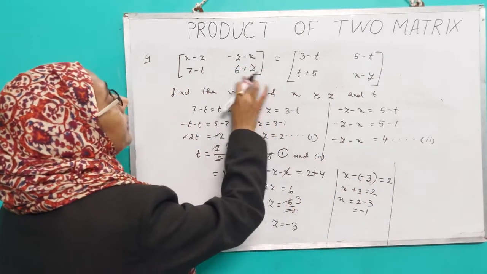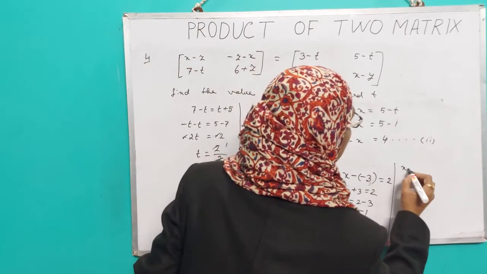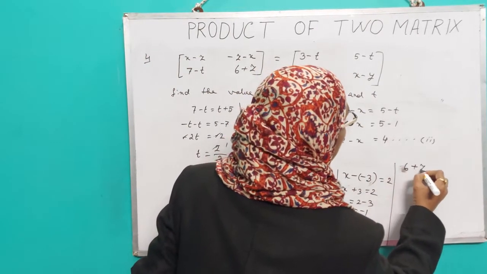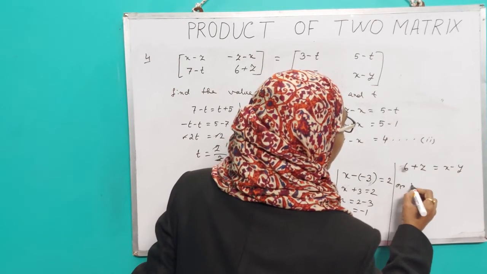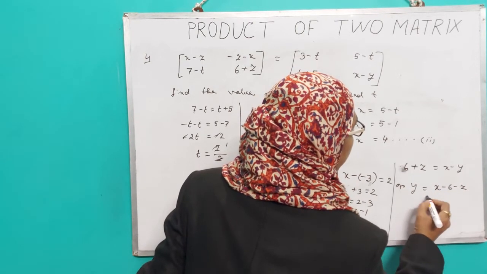Now from this element, 6 plus z is equal to x minus y, or y is equal to x minus 6 minus z.